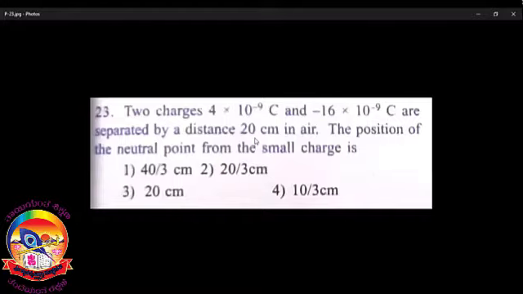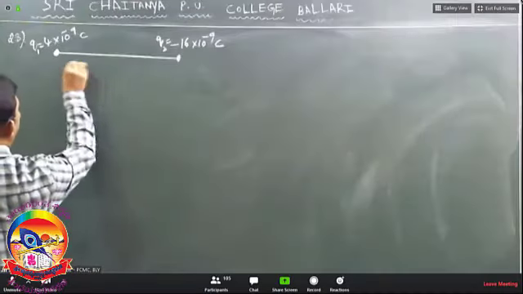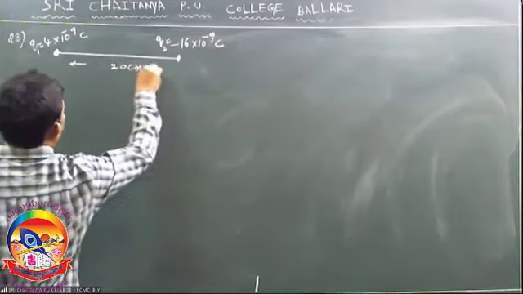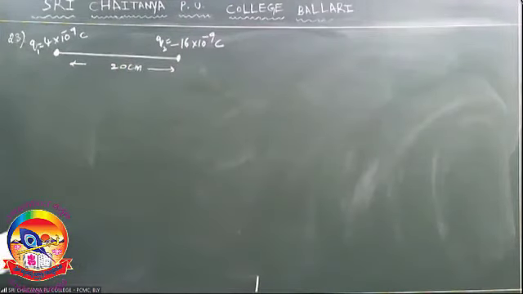What are the charges? 4 into 10 to the power of minus 9 coulomb, minus 16 into 10 to the power of minus 9 coulomb. Let's take this one as Q1, this one as Q2. Two charges. They are separated by how much distance? Distance between them, 20 centimeter. What is asked?